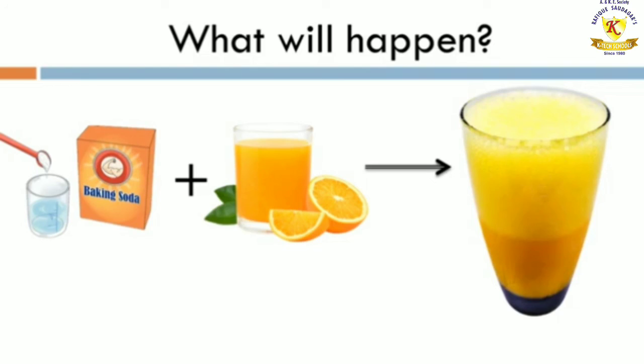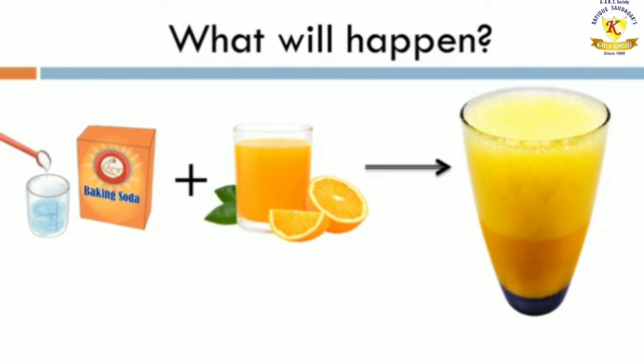When you add baking soda to a fruit juice, that is orange juice, effervescence or bubbles come out. So here we can say that baking soda acts as an indicator which shows the release of gas, which means the substance is acidic in nature. So orange juice is acidic in nature. Understood, children? With this simple and easy activity, we can identify whether a solution is acidic or alkaline.